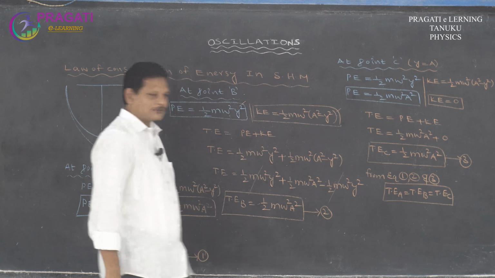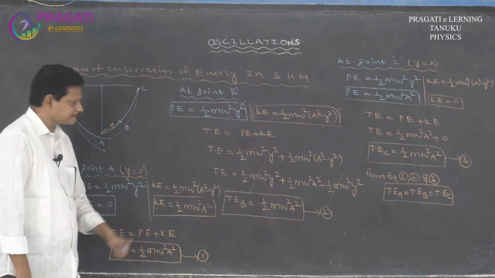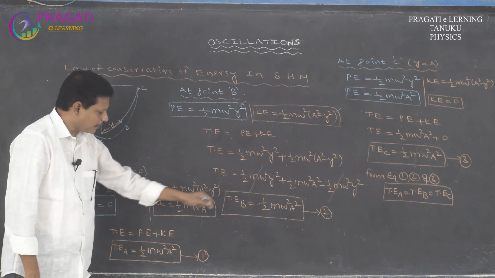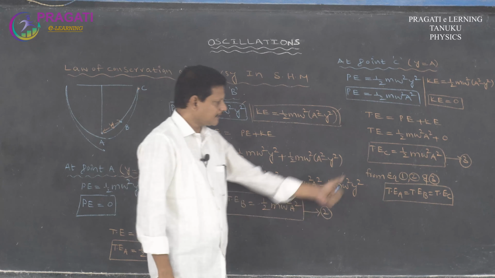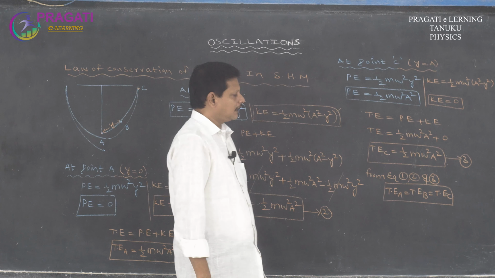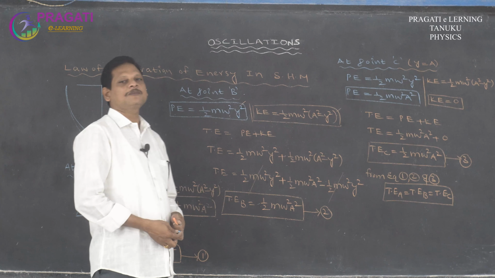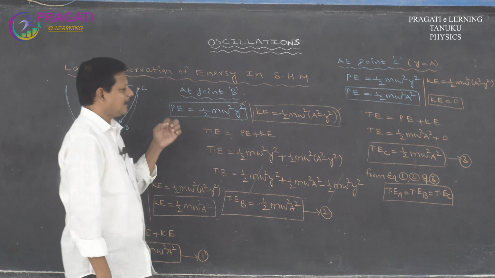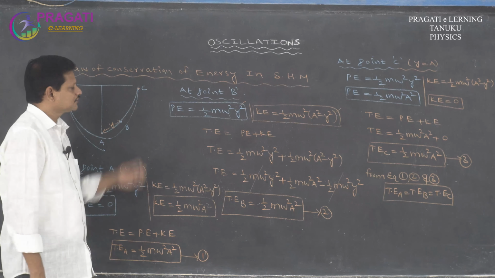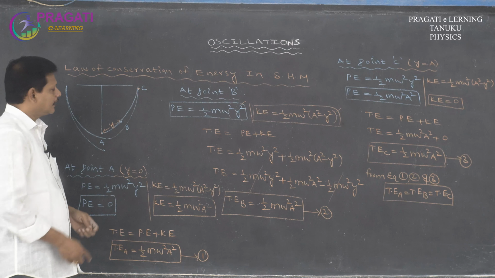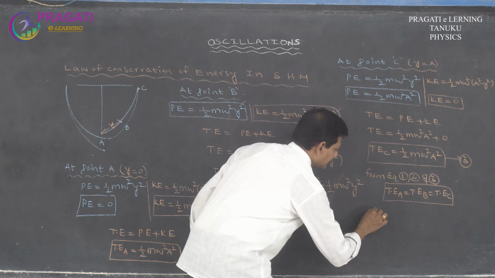So total energy at point A half m omega square A square, total energy at point B half m omega square A square, total energy at point C half m omega square A square. So from equation 1, 2 and 3, the law of conservation of energy is verified in the case of simple harmonic motion, and we can explain from the diagram.